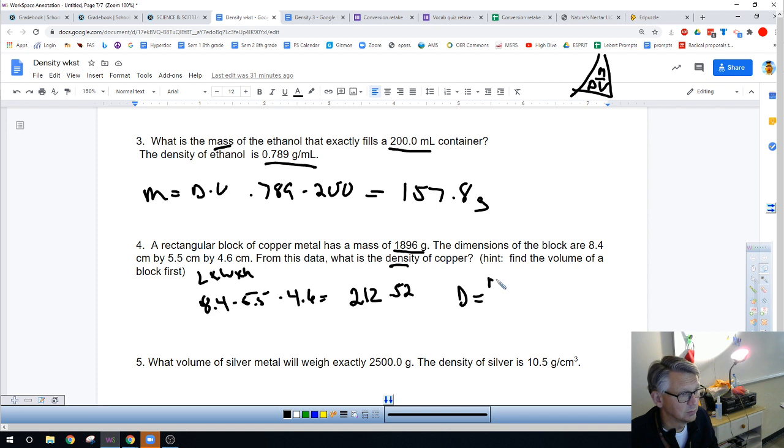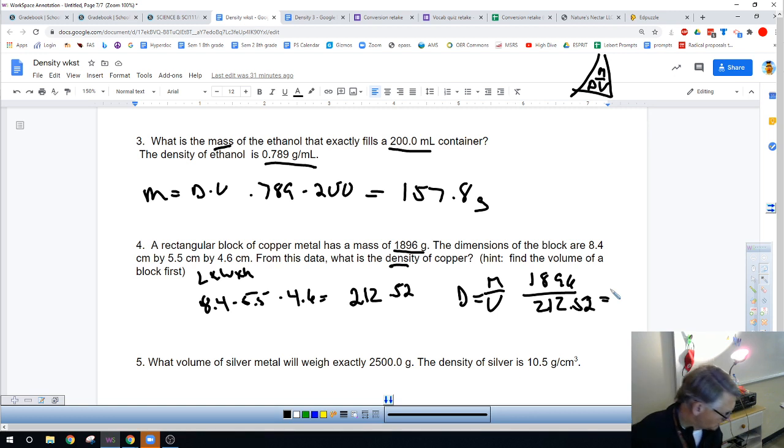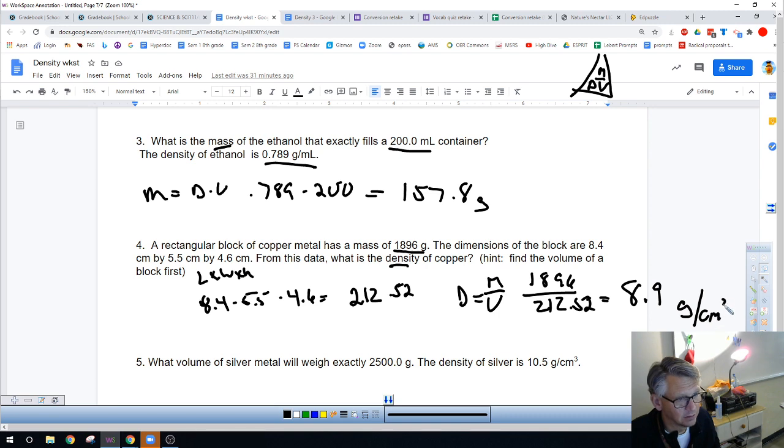Density is equal to mass divided by volume. Our mass is 1896 divided by 212.52 equals 8.9. And that is going to be labeled in grams per cubic centimeter.